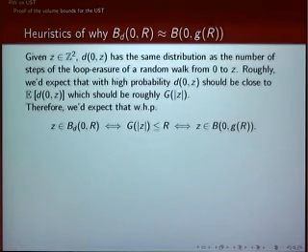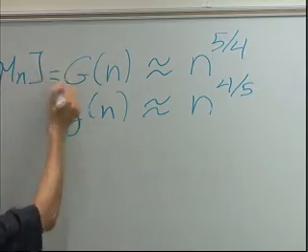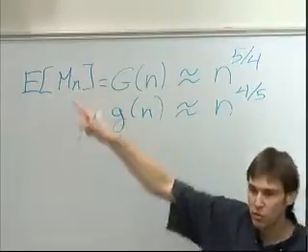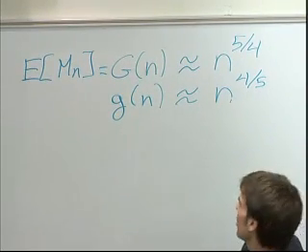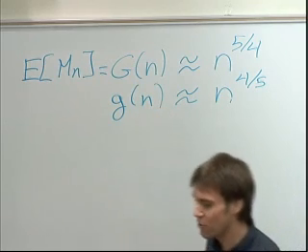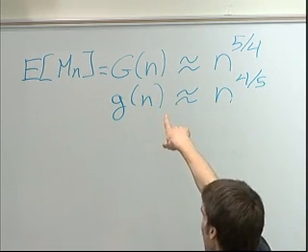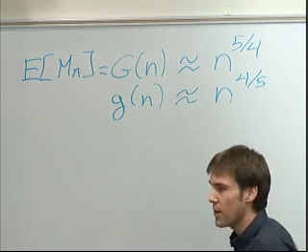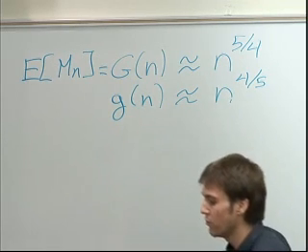Remember, capital G is just the expected number of steps of a loop-erased random walk from 0 to the circle of radius absolute value of z.